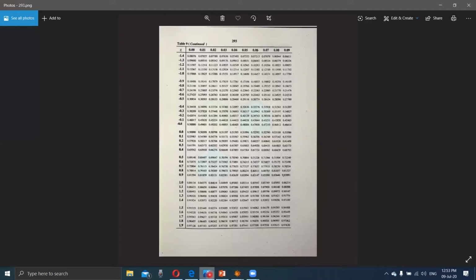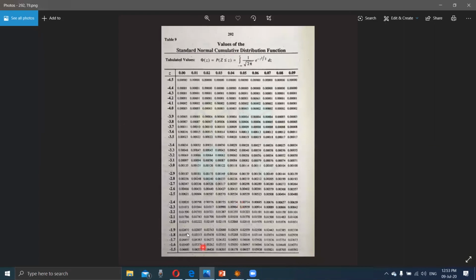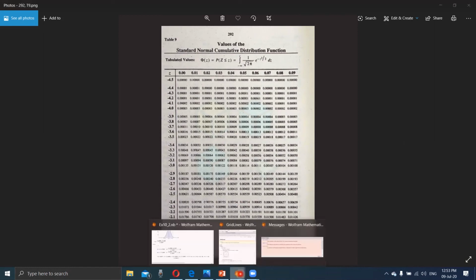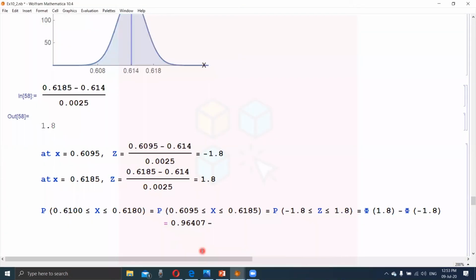Minus 1.8 is not on this page, so we will come on to the previous page, and in the bottom this is minus 1.8, and correspondingly against the 0 value it's 0.03593. So we will write here as 0.035.